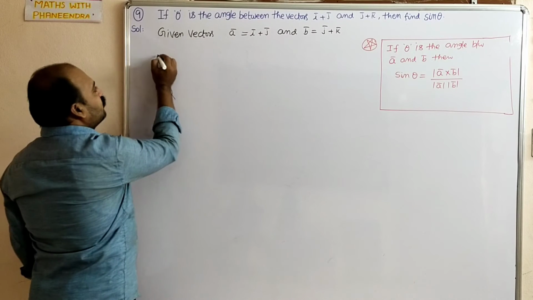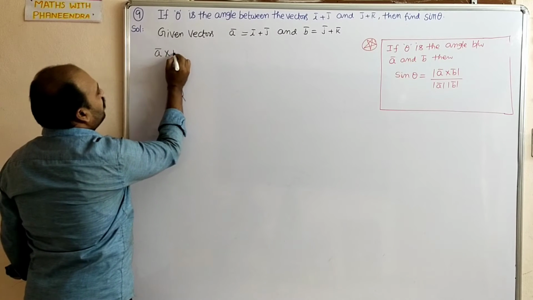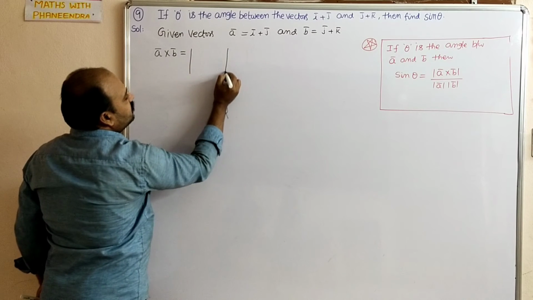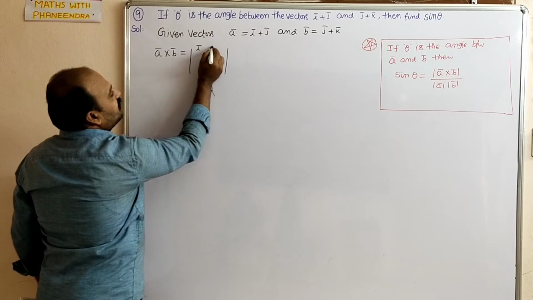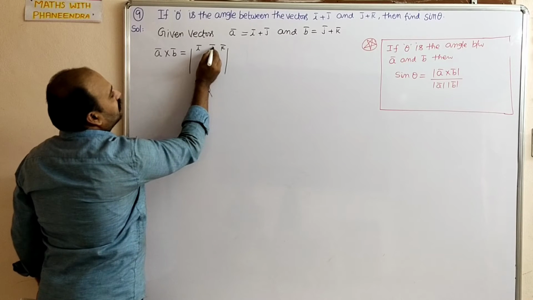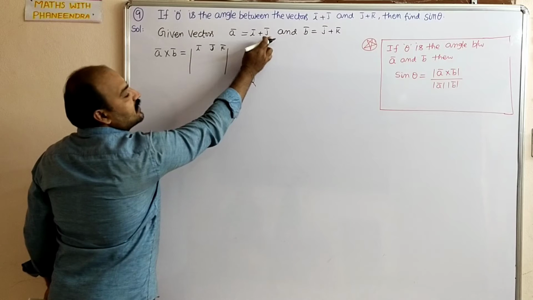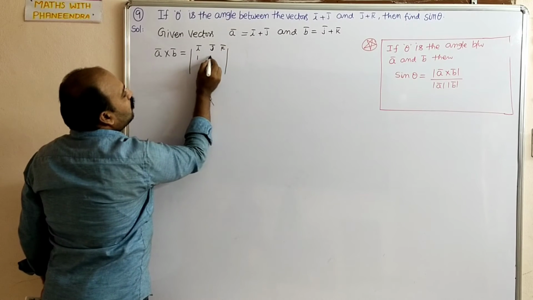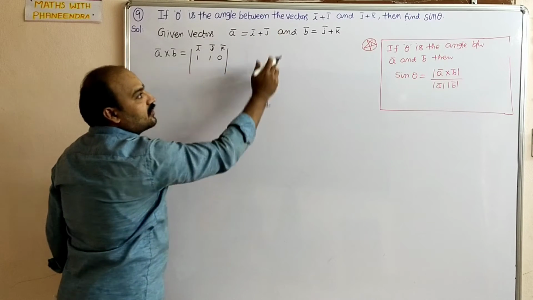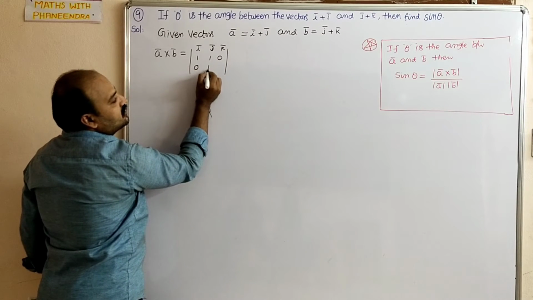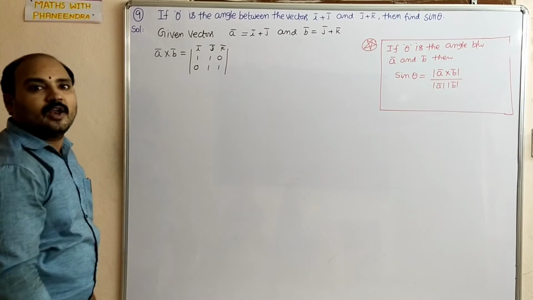Now the cross product of two vectors, A bar cross B bar, first you have to calculate. So while calculating A bar cross B bar, we know that I, J, K. So in the A bar vector, K bar is not there, 1, 1, 0. In the B vector I is not there, so I is not there means 0, and J bar and K bar values are 1, 1.